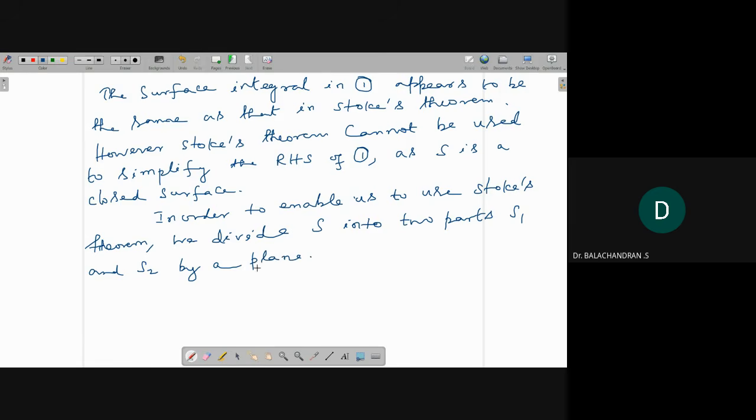I will draw the diagram on the next page.